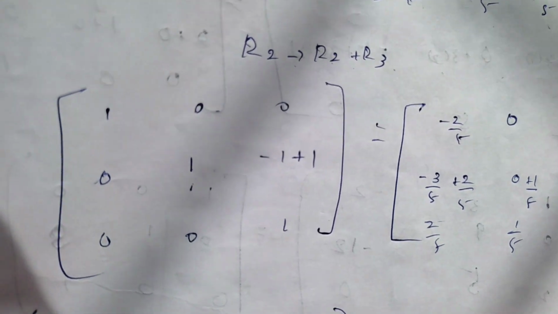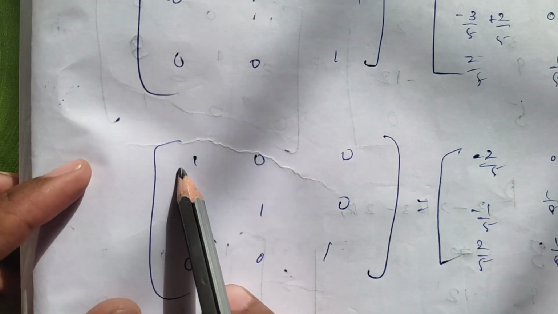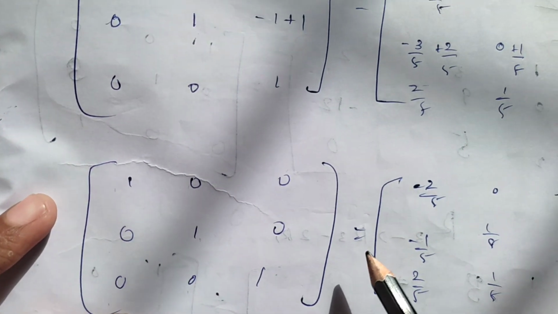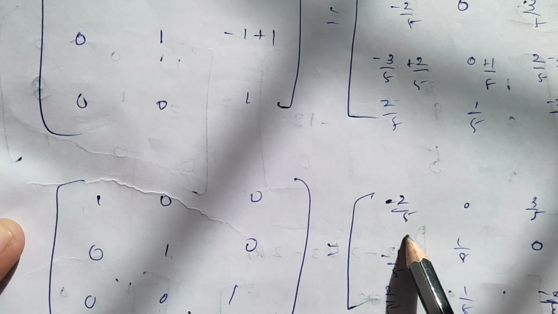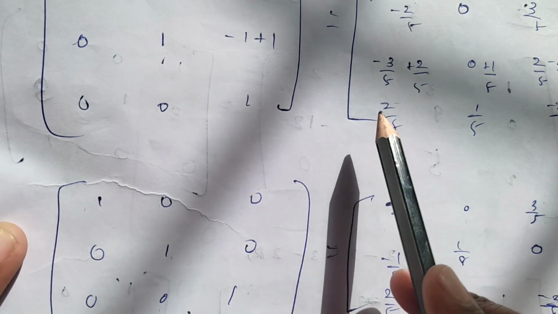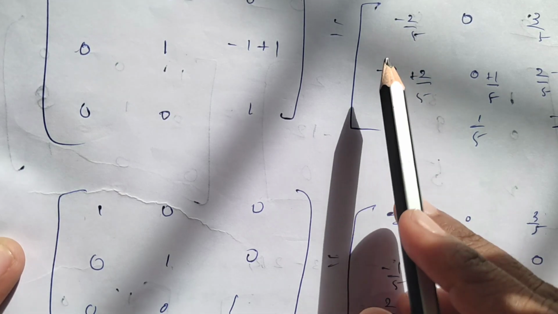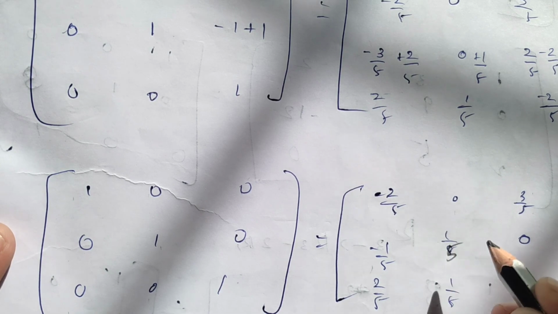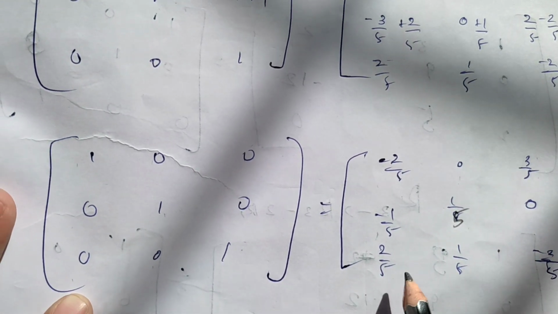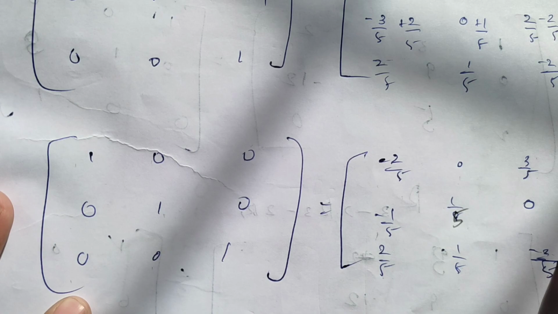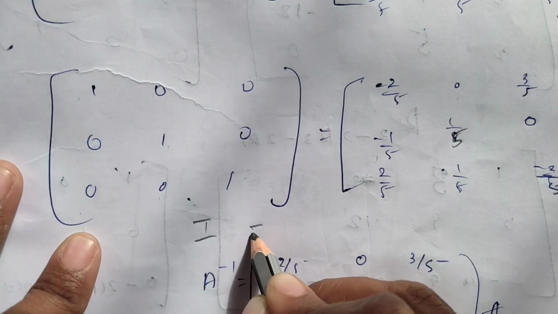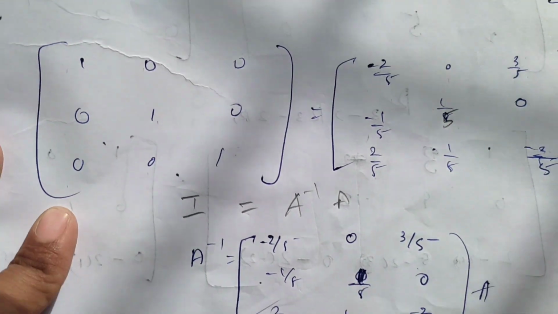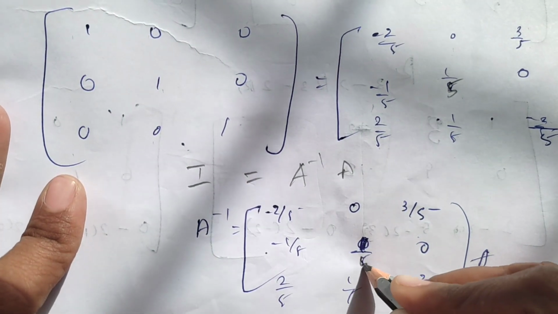On simplification, we'll be arriving at the identity matrix 1 0 0, 0 1 0, 0 0 1, which is equal to minus 2 by 5, 0, 3 by 5; minus 3 by 5 plus 2 by 5 is minus 1 by 5; here 0 plus 1 by 5, so it is 1 by 5 and 0; 2 by 5, 1 by 5, minus 3 by 5, into A. I is equal to A inverse A. This matrix is our A inverse matrix.